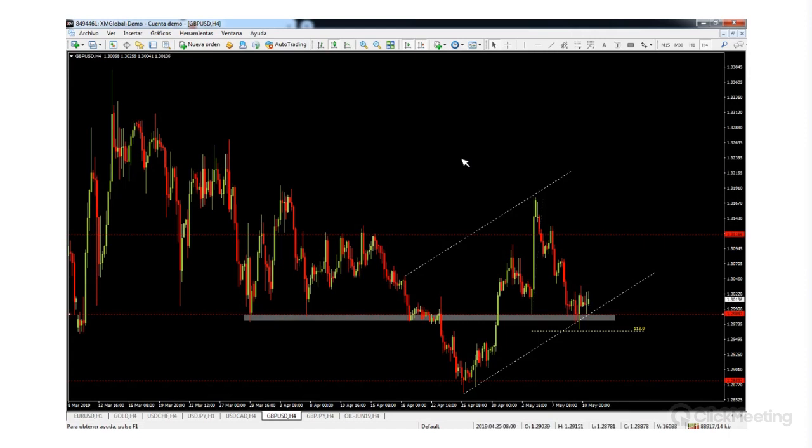If you don't know what a point of control is, it's simple. A point of control is the exact level where the most volume has been traded in the past. And this was a previous point of control from a previous period.